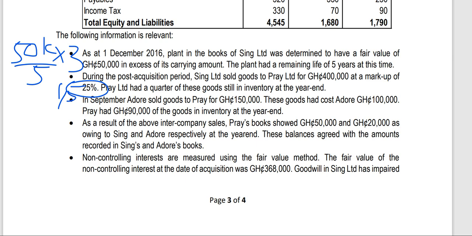And Pray Limited had a quarter of the goods still in inventory. What will be a quarter of 400,000? That will be 100,000, right? Because it's a quarter. So it's 100,000. So your unrealized profit on this will be 100,000 divided by 5. And so that will be your unrealized profit. If you do that calculation, what will you be getting? Yeah, work on it.